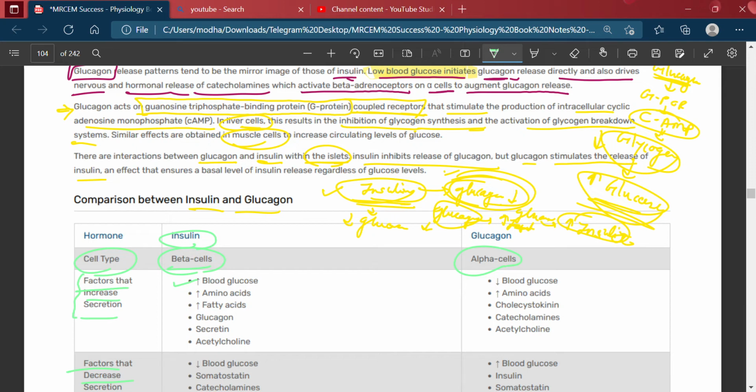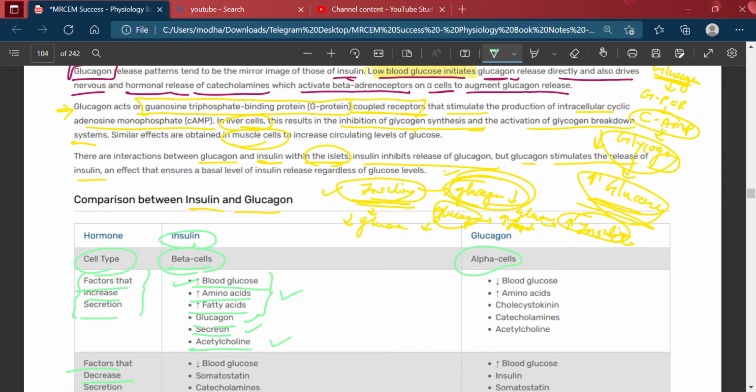Amino acids, fatty acids, glucagon, secretin and acetylcholine, when they are high in the blood, also increase insulin secretion.